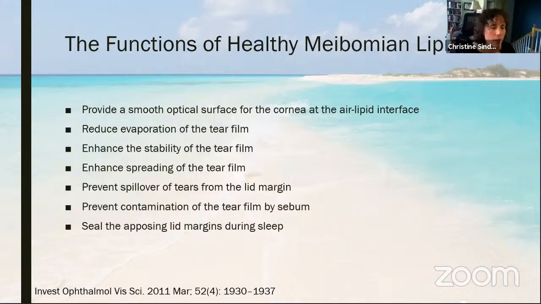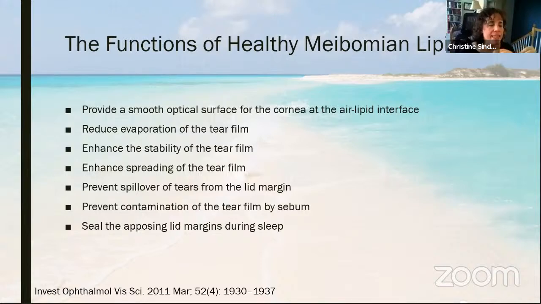When we blink, it increases the spreading of the tears across the eye, like if you were to oil the track of a door, it would glide more easily. It actually prevents the tears from spilling over onto the face. People that don't have enough meibum or oil in their tears will actually spill over onto their eyes.